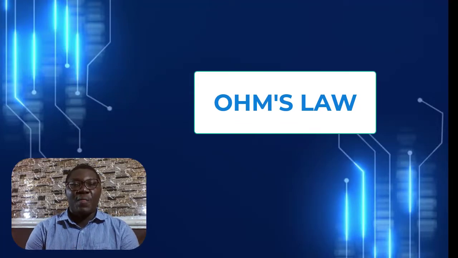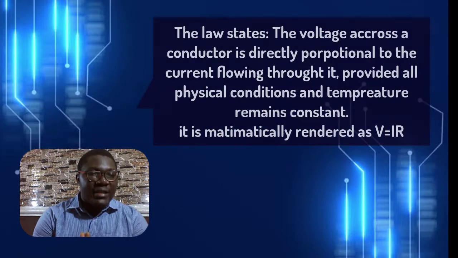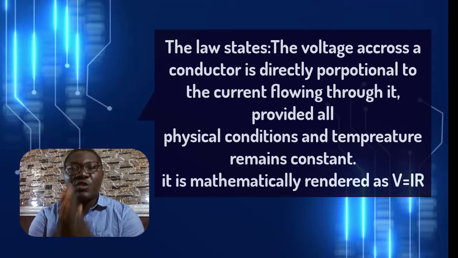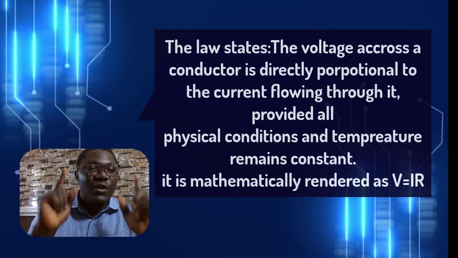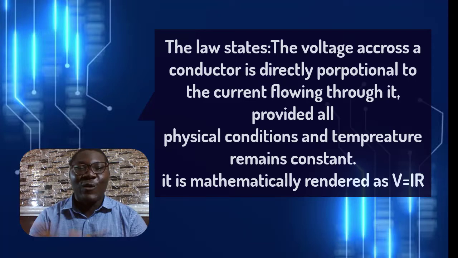And then we talked about a law that guides electricity, and that law is Ohm's law. Ohm's law states that the voltage across a conductor is directly proportional to the current flowing through it, provided all physical conditions and temperature remain constant.